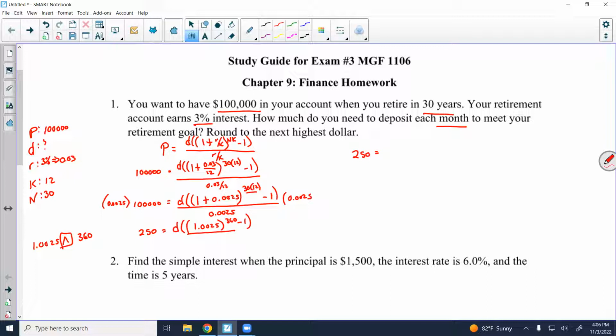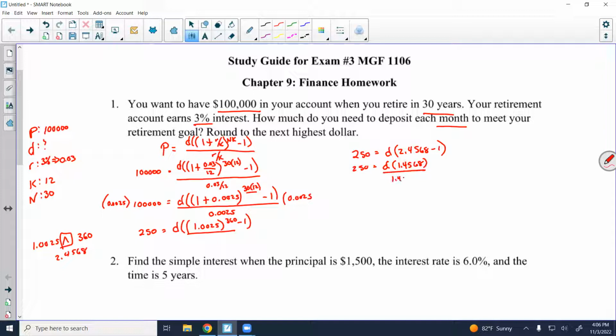And I get 2.4568 to 4 decimal places. So I have D times 2.4568 minus 1. So 250 equals D times 1.4568.